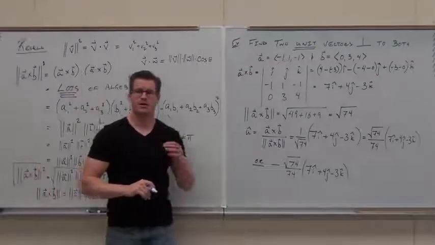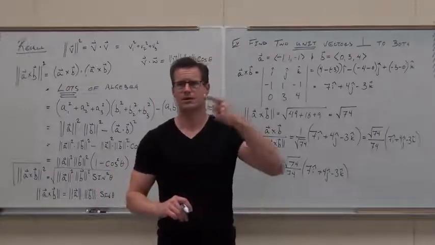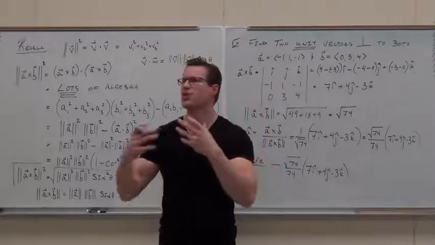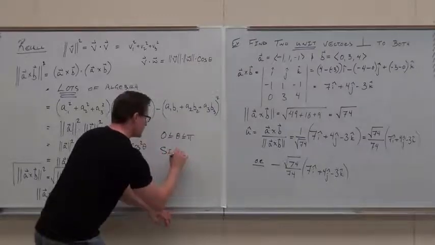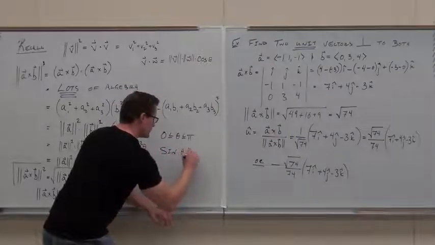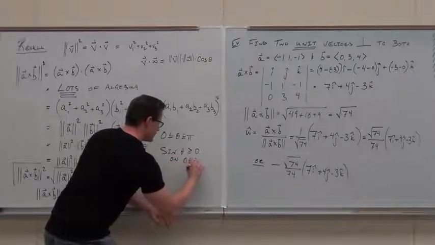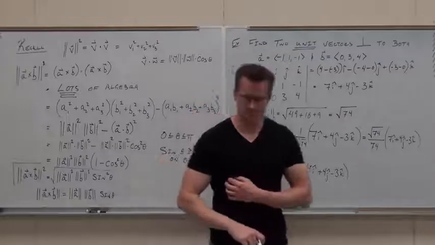Tell me something about sine for any angle between 0 and pi. It's always positive. So when I take the square root, it's an always positive number. I don't have to worry about the negatives, which means when I take that square root, we're all good to go.